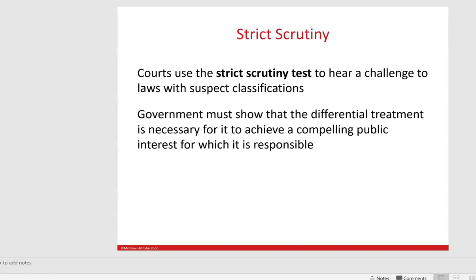For example, at one time, interracial marriage was prohibited. The Supreme Court eventually ruled this unconstitutional because there was no compelling interest. The government must show that the differential treatment is necessary for it to achieve a compelling public interest for which it is responsible. And in the case of interracial marriage, they were not able to demonstrate that.